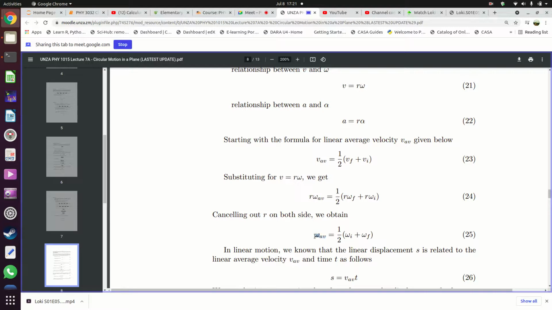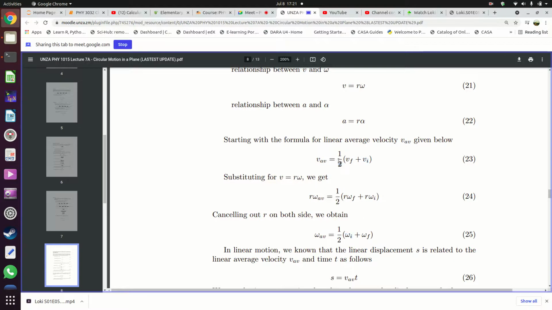As you can see, this equation number 25 is a carbon copy of this equation number 23. They are the same, except here where we have average velocity, we have written average angular velocity. Here where there is final linear velocity, we have written final angular velocity. Here we have initial linear velocity, we have written initial angular velocity.